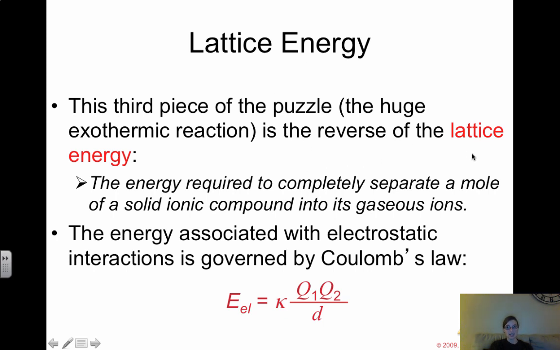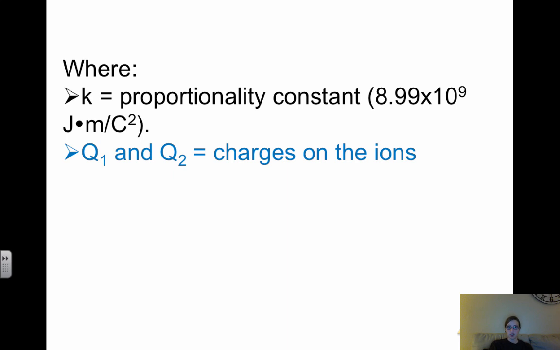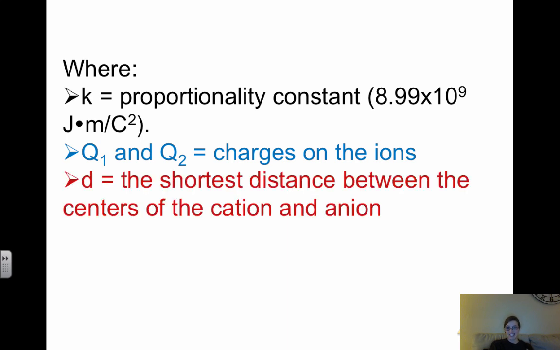It takes energy to break a bond, but if we flip that, that's actually exothermic. We're putting energy in to break the bond, but if we flip that reaction, we actually get energy back. Looking at Coulomb's law, remember K is the proportionality constant, Q1 and Q2 are charges, and D is the shortest distance between the centers of the cation and anion.